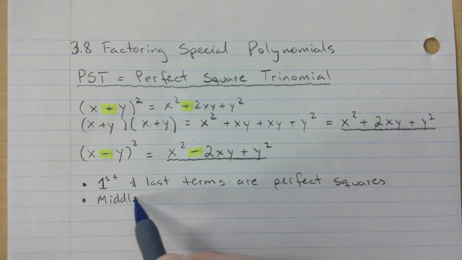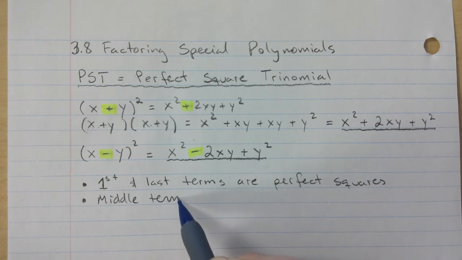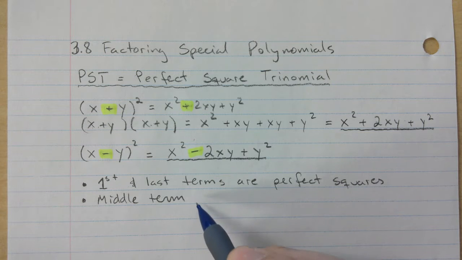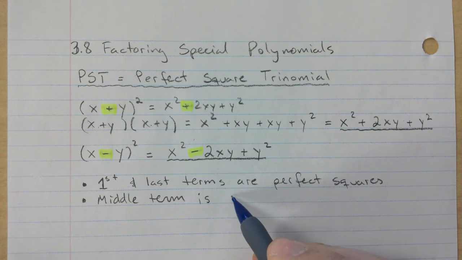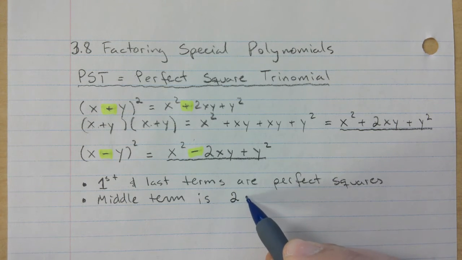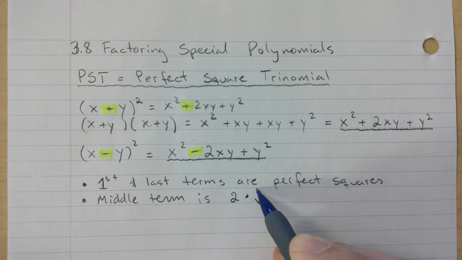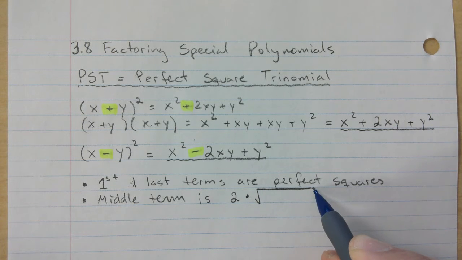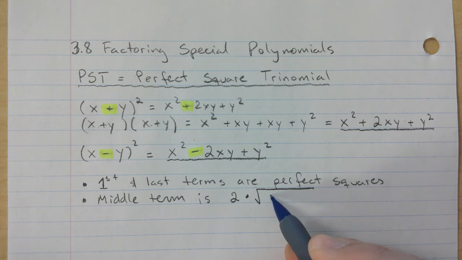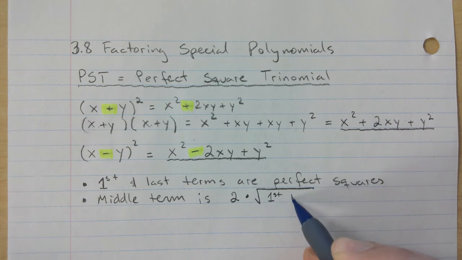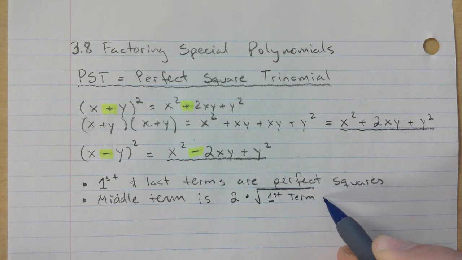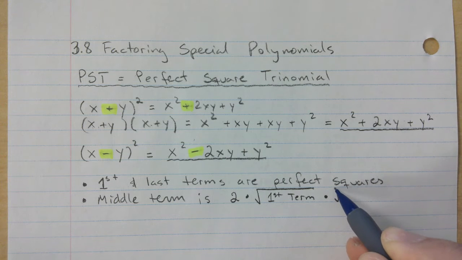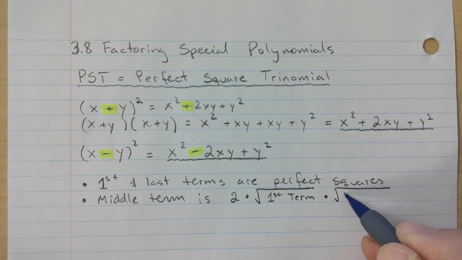Middle term is, and just write it down for now, 2 times the square root of the first term times the square root of the last term.